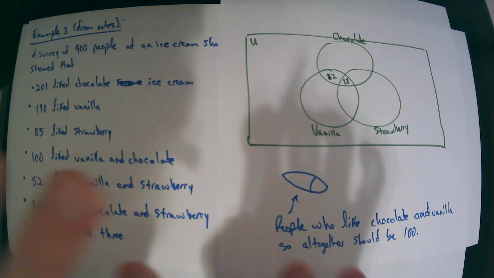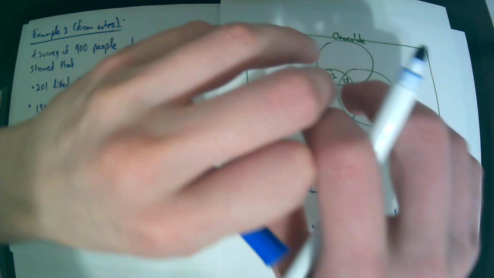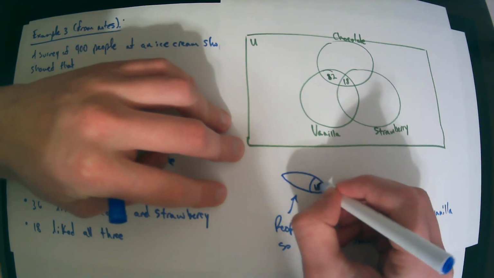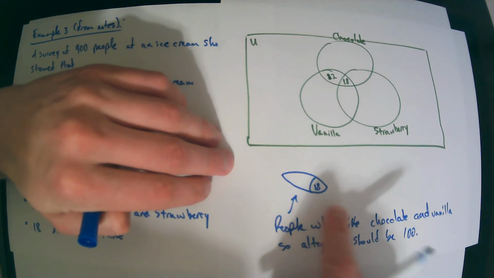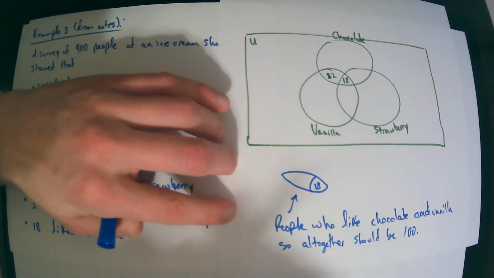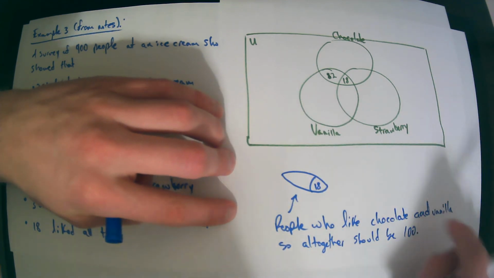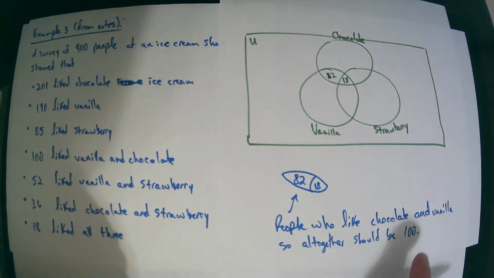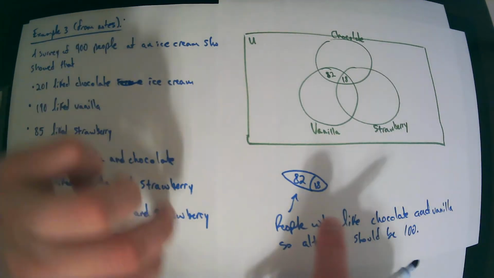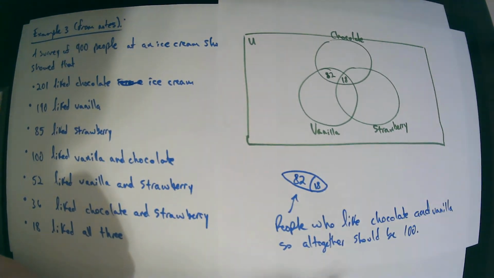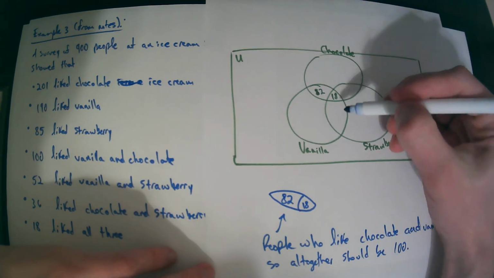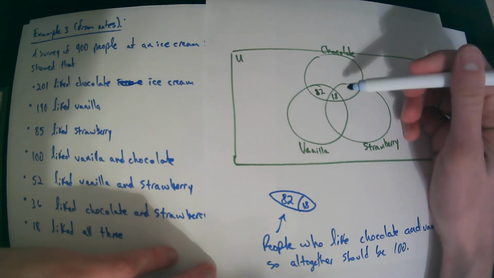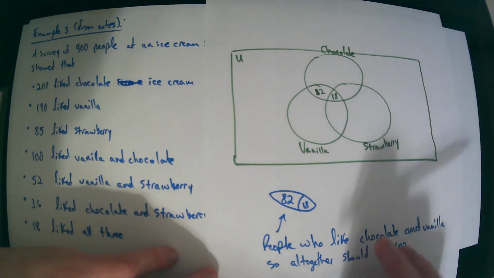But what we're doing is we're taking those 100 people and splitting them into 2 groups. The people who also like strawberry, that's the group who likes all 3, the people who like chocolate and vanilla and also like strawberry, and then the people who like chocolate and vanilla but don't like strawberry. So that's all we're doing. We're taking that 100 and splitting it into 2 groups here. And that's what we're going to do with each one of these positions. We're going to take that 18 away from each of these little overlaps.